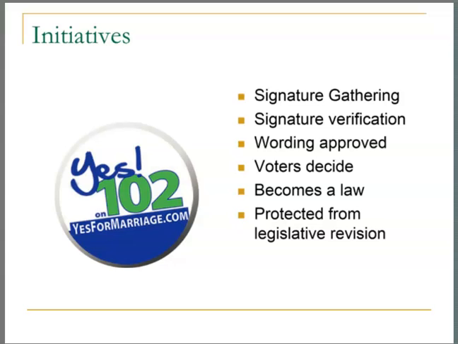The legislature cannot undo that spending without having the voters vote again to remove that. So the initiative process is an example of direct democracy where the citizens decide what the laws are going to be, and then in Arizona's case, the legislature can't touch those laws.